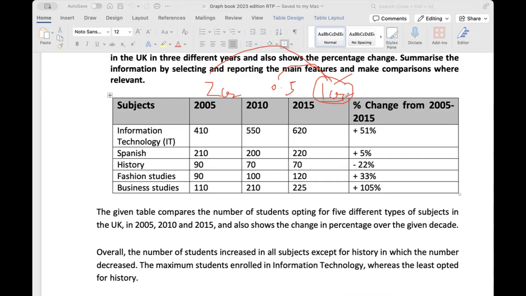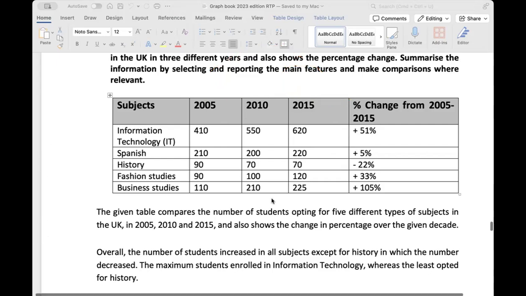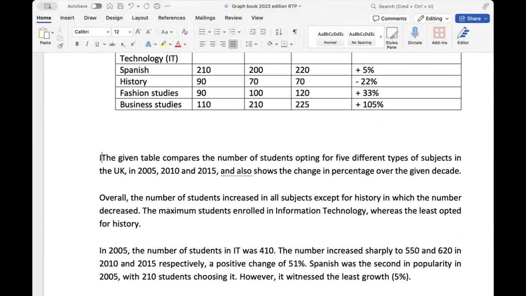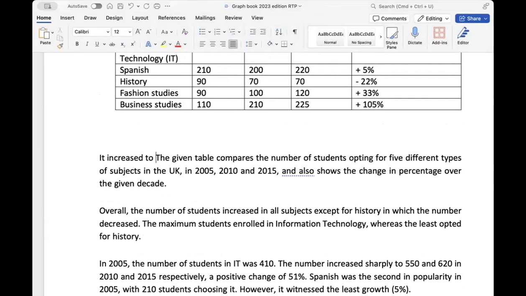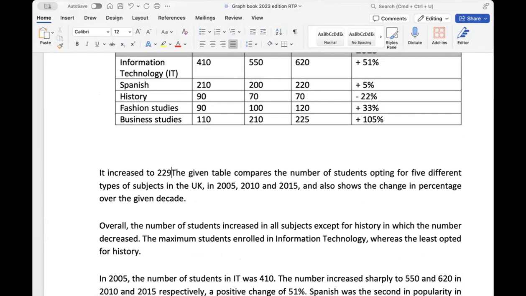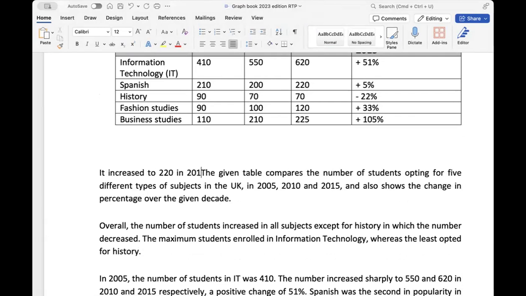So what do I mean by that is what I want you to do. Now listen to that. ये important नहीं है. My point is a better sentence. What you write, a better sentence than writing that is. So you end up writing, for example, it increased to 220 in 2015.